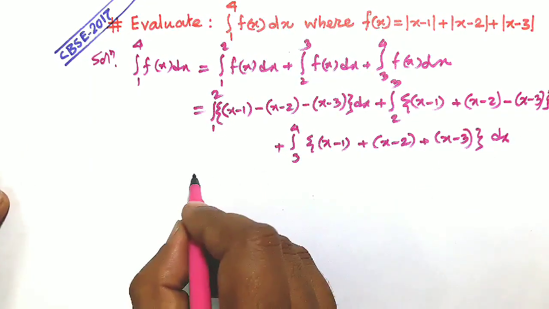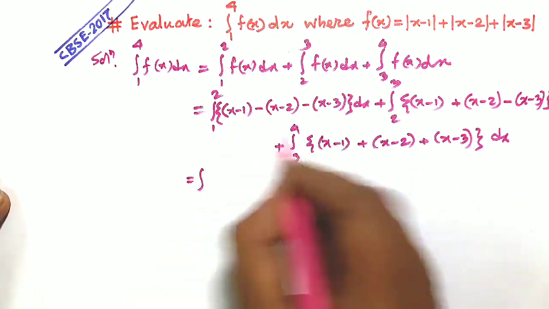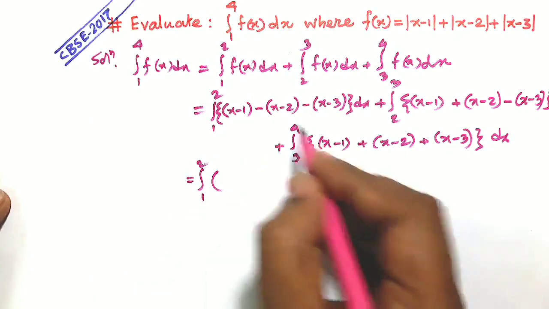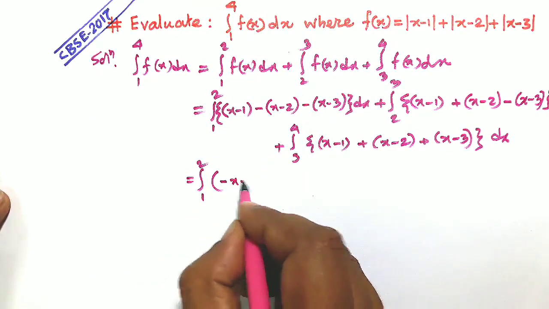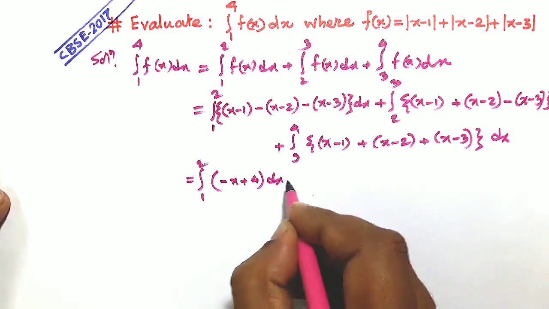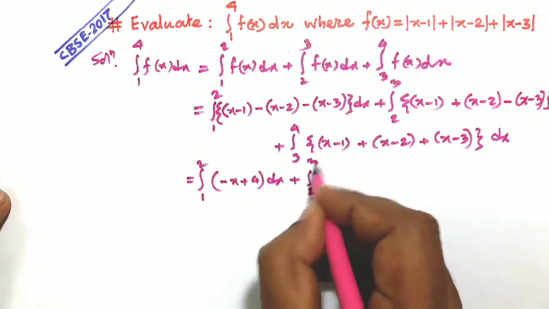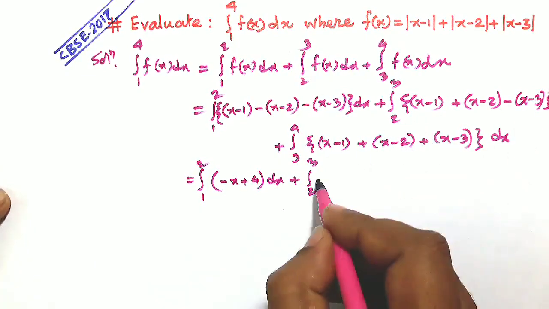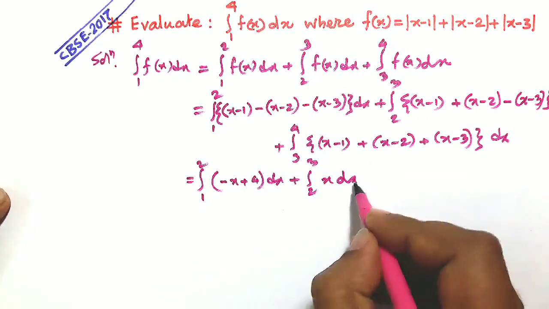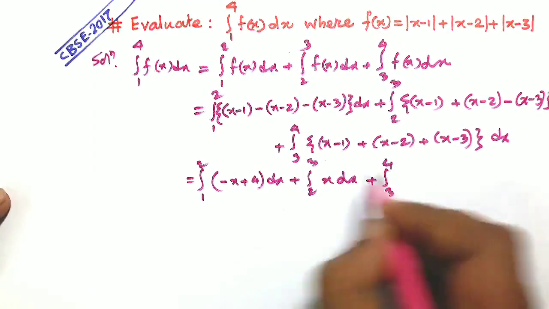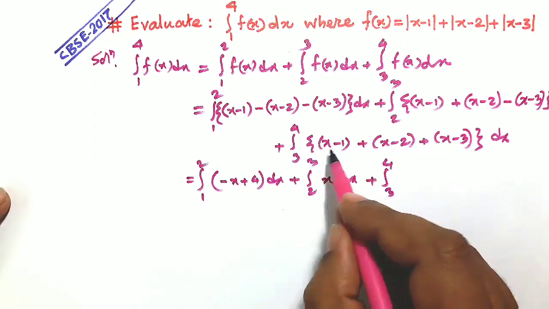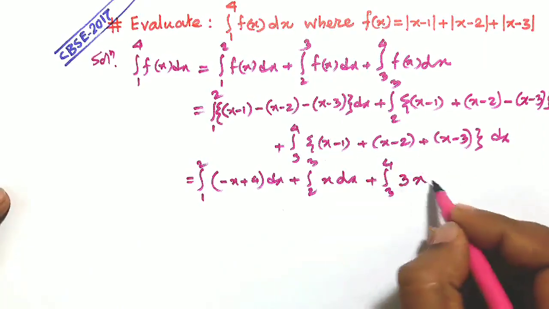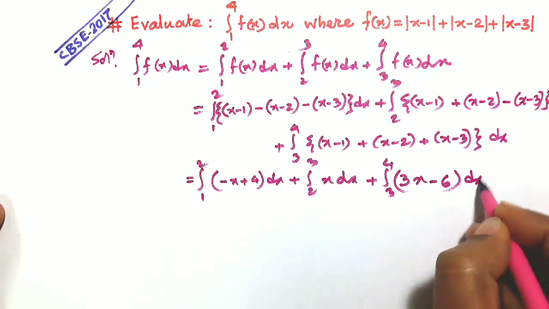So friends, it is equal to integration 1 to 2, where x is cancelled, of minus x plus 4 dx, plus integration 2 to 3, where x is cancelled so only x dx, plus integration 3 to 4, where x plus x plus x is 3x minus 6 dx.